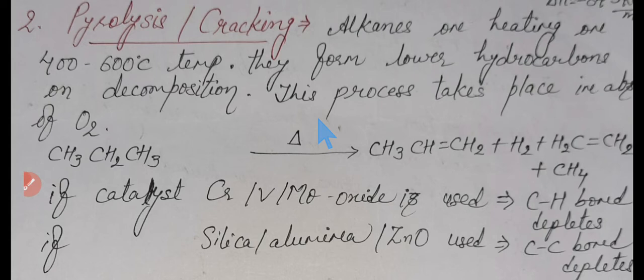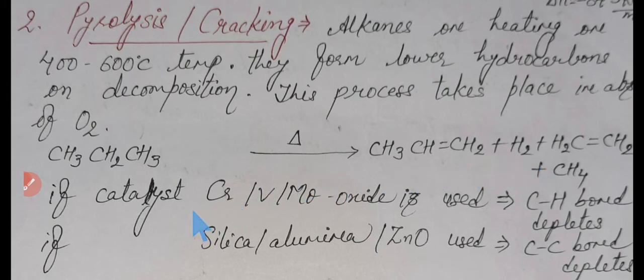This process takes place in absence of oxygen. We are taking the example of propane here. Propane, CH3CH2CH3, on heating produces a mixture of propene, ethene, methane and hydrogen.